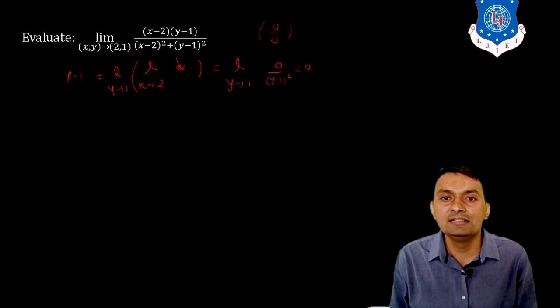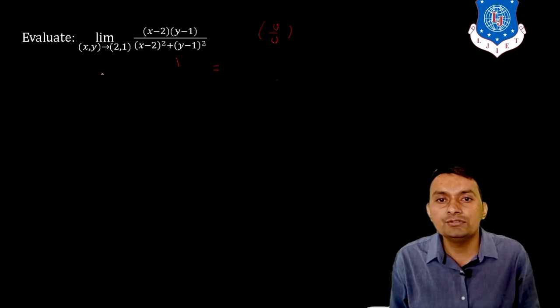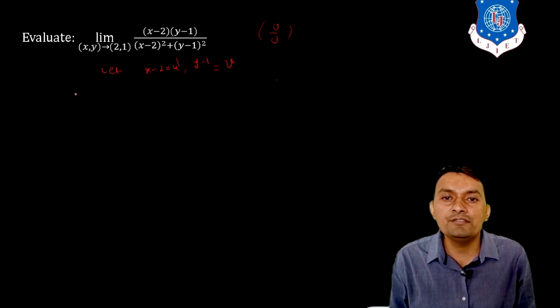So let us first consider x minus 2 equal to u, and then y minus 1 equal to v. For simplicity, I'm just going to consider x minus 2 equal to u and y minus 1 equal to v. In that case, you can say that (x minus 2, y minus 1) tends to (0, 0).